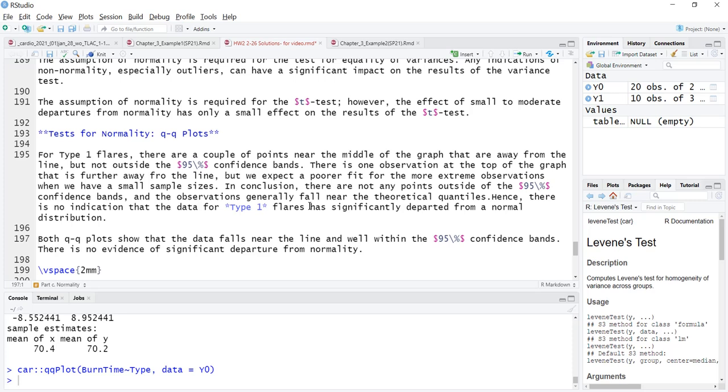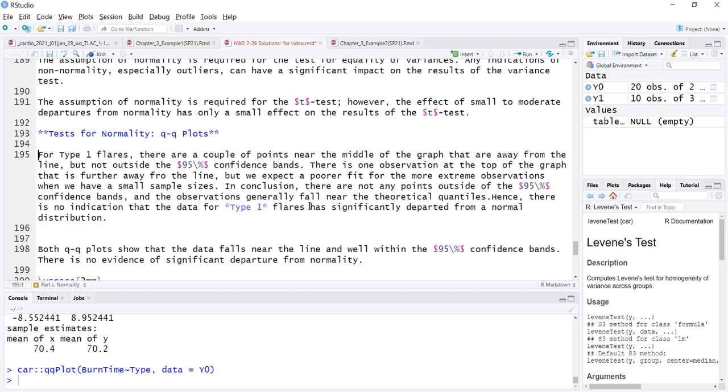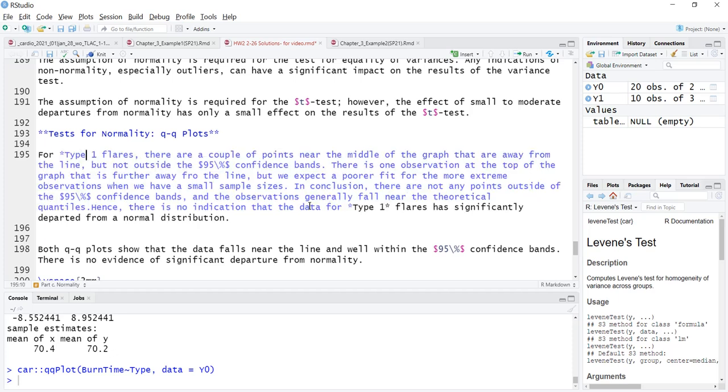So I'm going to say, and let's italicize this, okay?